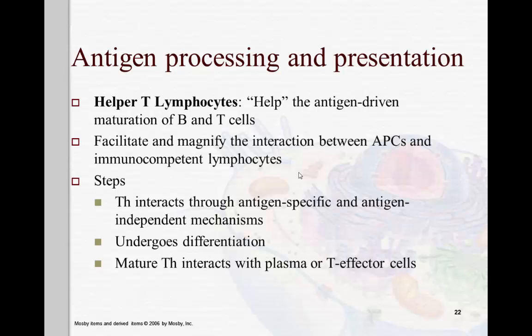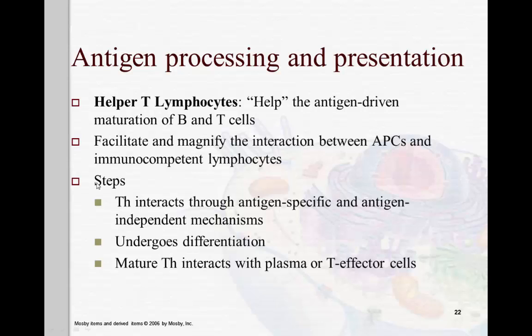Most mature T cells are expressed either as CD4 or CD8 and have an antigen binding, T-type surface receptor or B-type surface receptor. So the T lymphocytes are the helpers. They facilitate and magnify the interaction of this antigen-presenting cell or histocompatibility complex when the patient, of course, is immunocompetent.